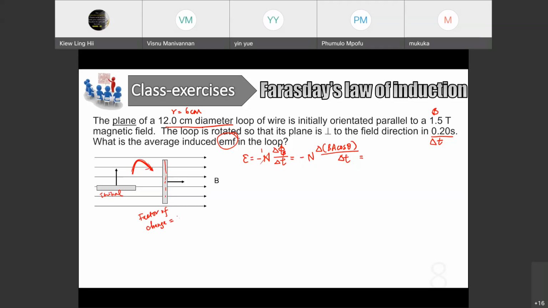So what we do is move the unrelated ones outside and remain with change in cos theta over change in time. Since number of turns is not given, by default we put it as 1. Magnetic field 1.5, area pi r squared, so r is 0.06. Convert to SI unit. Now change.